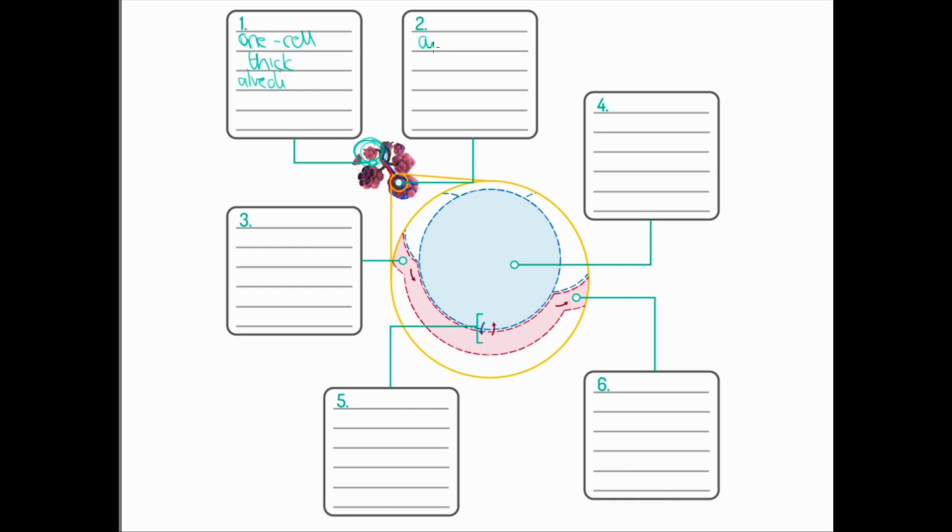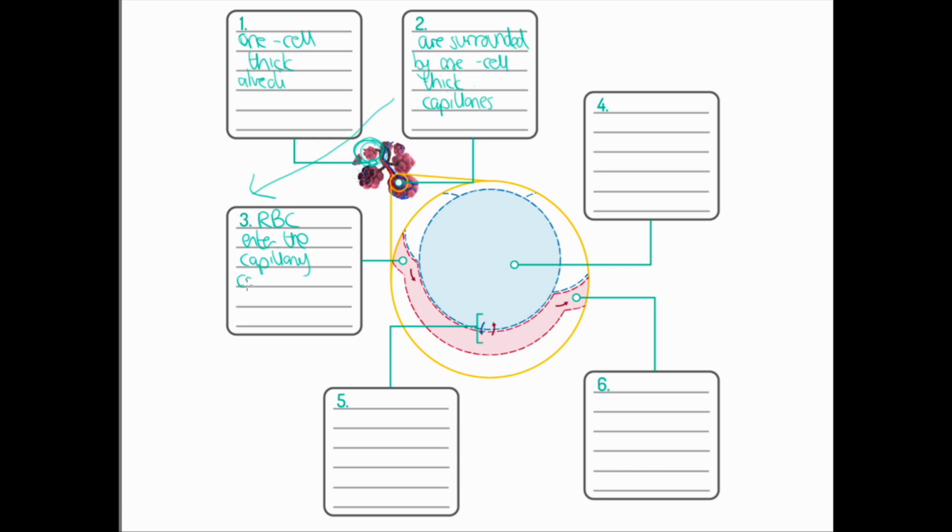So it starts here with our 1 cell thick alveoli. And they are surrounded, so do make these notes as I am as well. They are surrounded by, funnily enough, 1 cell thick capillaries. So there's a really thin pathway between and through the alveoli to the capillaries. Let's move down to number 3 over here. I'm going to call them RBC. You should be writing red blood cells, but they now enter the capillary, which is excellent.